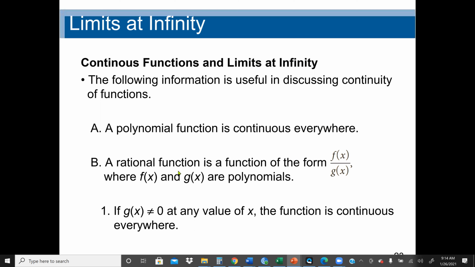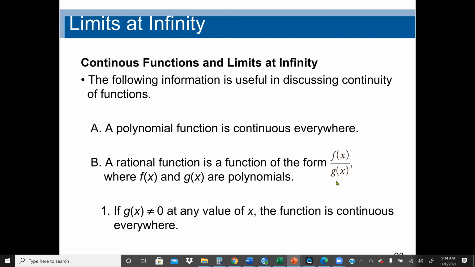But if we have a rational function, of the form of a numerator and a denominator, f at x divided by g at x, we know that we don't want g to be 0. If g is 0, as we saw in our second example, the limit does not exist. So if g is not equal to 0 at any value of x, then the limit exists and it's continuous everywhere.